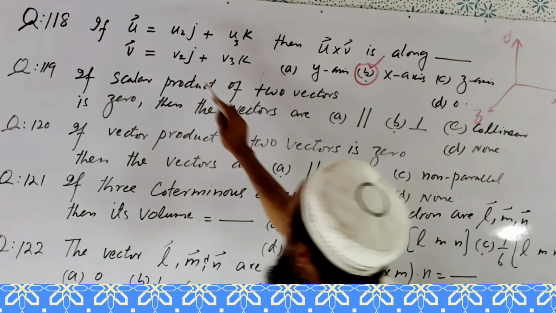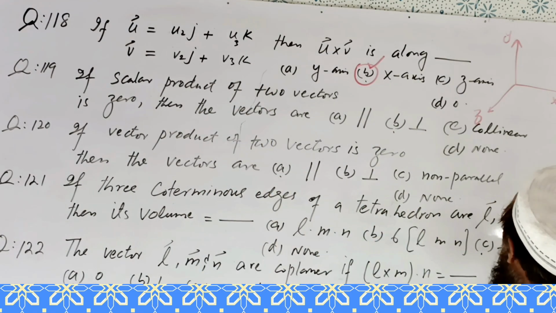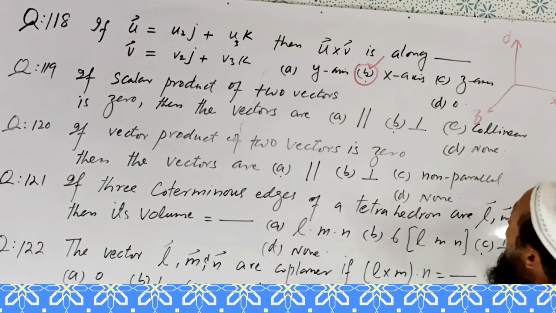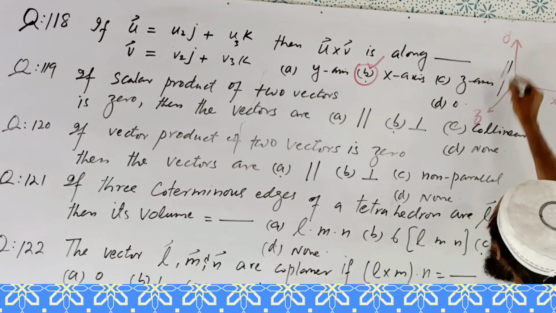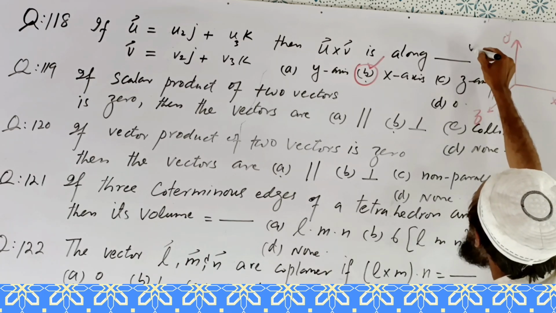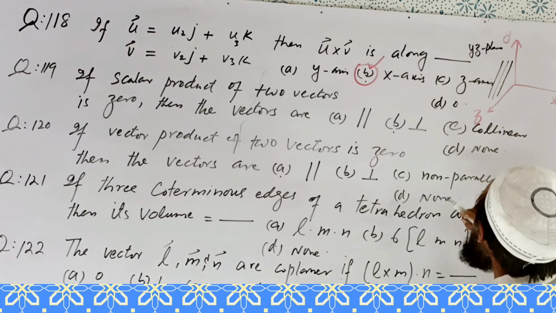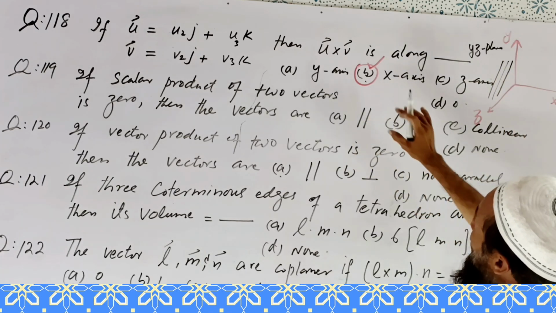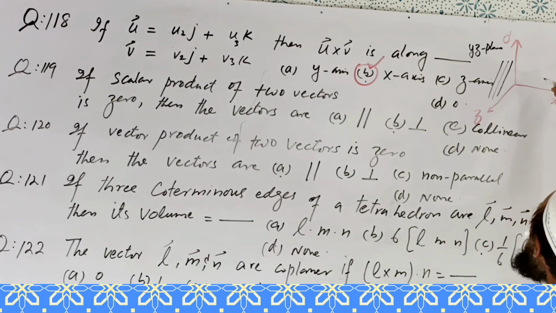So u, j and k means the y-z plane is required, that plane lies in the y-z plane, so u and u cross v are required.